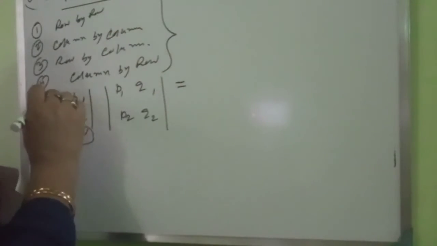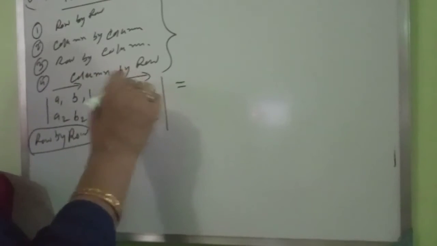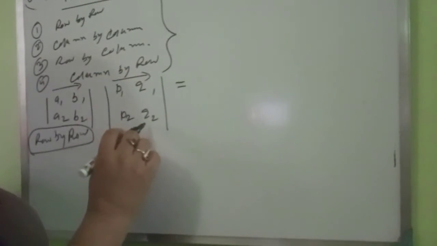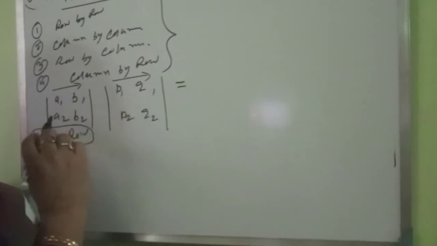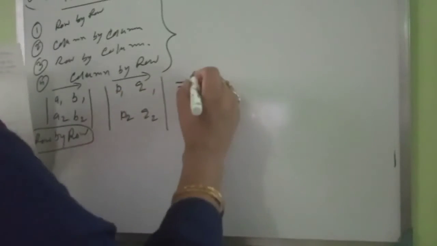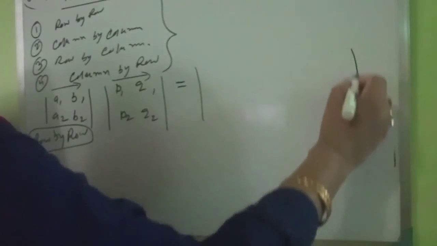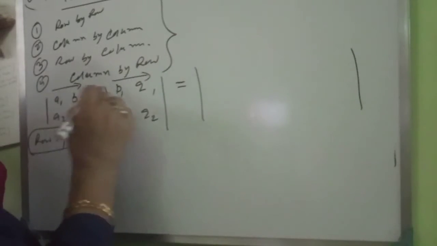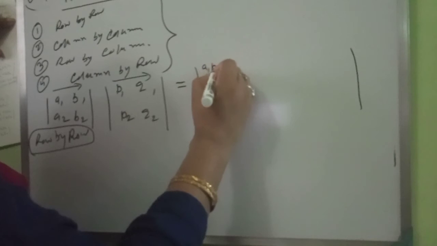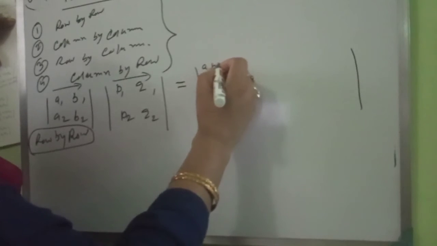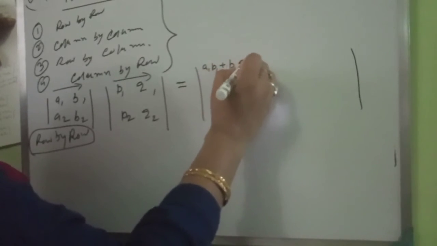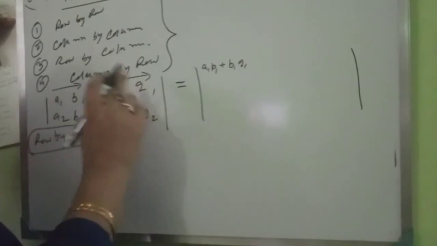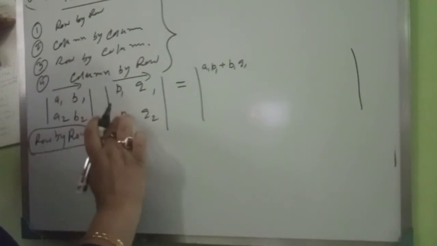This is very important. Row by row. First row with first row, first row with second row, then second row with first row, second row with second row. What will we write? A1 into P1 plus B1 Q1. Then first row done. Next first row, second row.